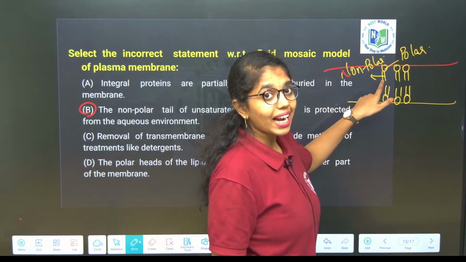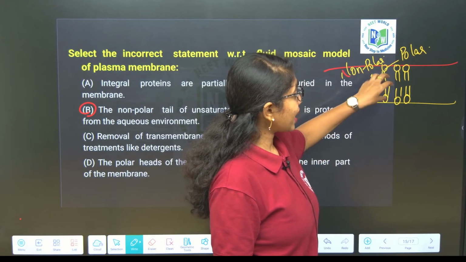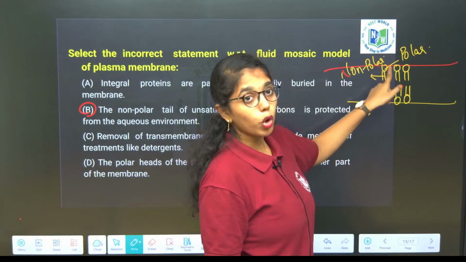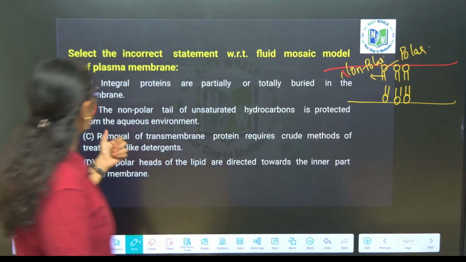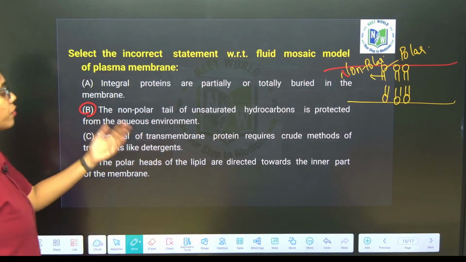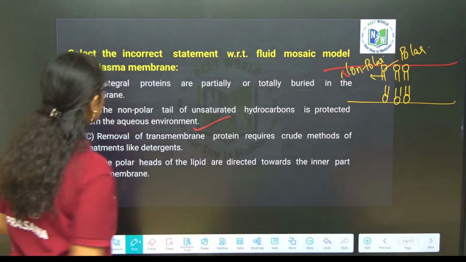This non-polar hydrophobic tail is protected from the outer aqueous environment by the polar hydrophilic head. So, the non-polar tail of unsaturated hydrocarbons is protected from the aqueous environment is correct.